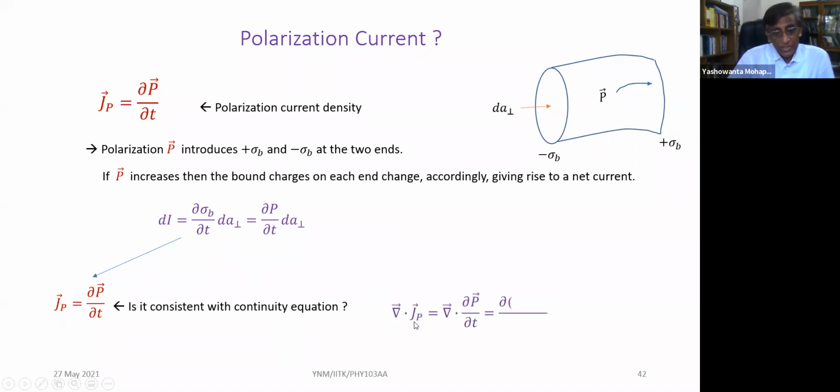So if I take the divergence of J_P, then divergence of del P by del t, but I can take the divergence inside, then divergence of P, but divergence of P is minus sigma bound, so minus del sigma by del t. And so that is indeed the continuity equation. Divergence of J_P is equal to minus del sigma_B by del t. All right. Yes, since bound charge is conserved.